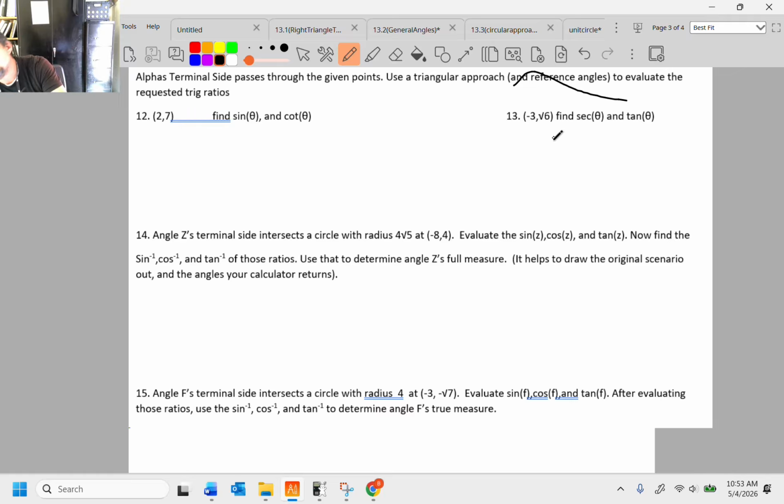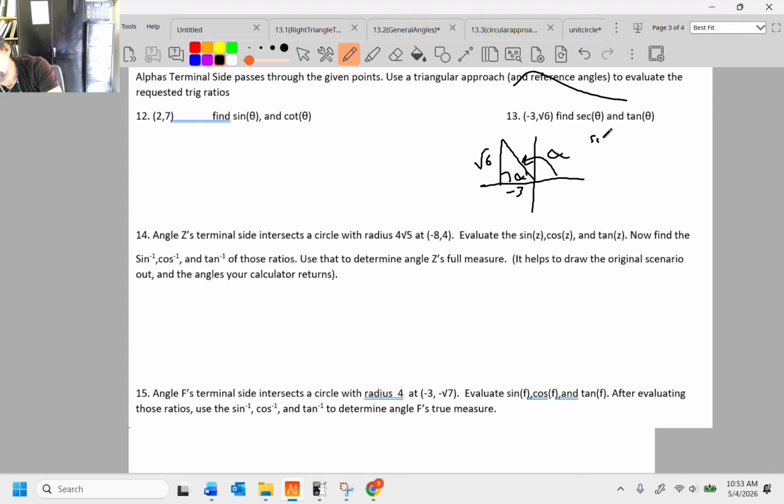All right, so alpha's terminal side passes through a point. This one goes back 3 and up a root of 6. Now alpha is actually this angle. We use something called alpha prime, but it's cool. I think that's why it says reference angles, because you're using alpha prime as opposed to alpha.